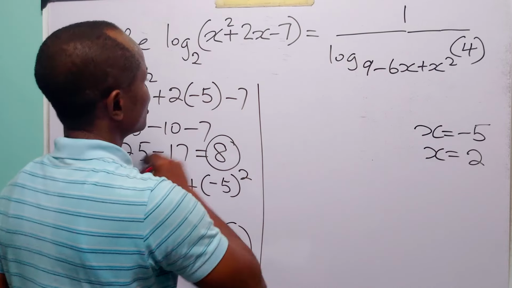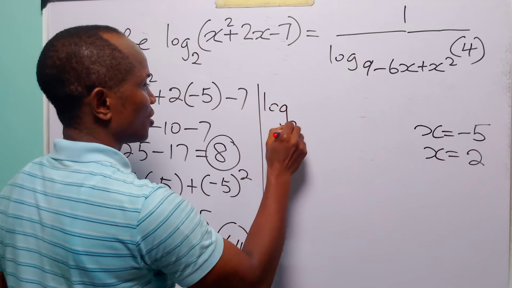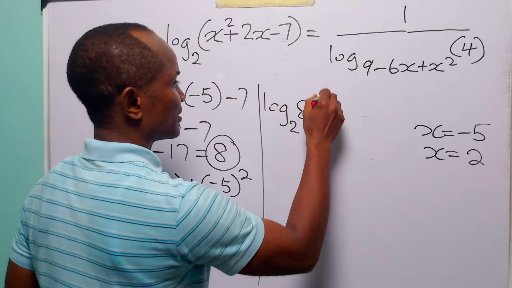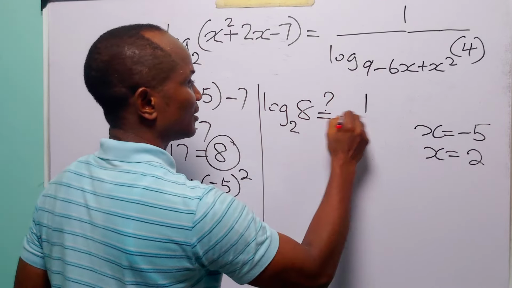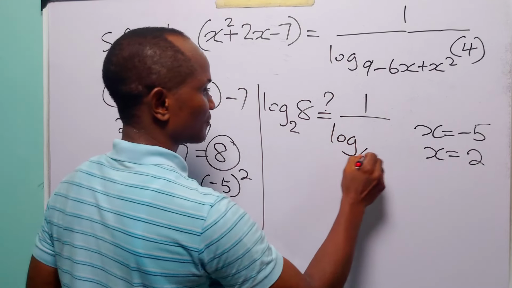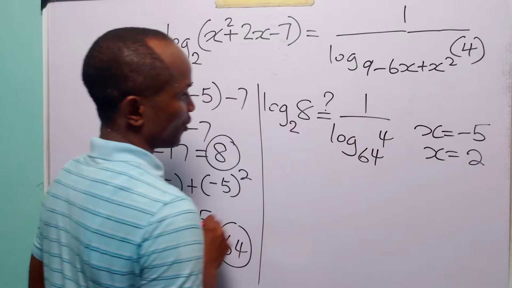So this equation becomes log to base 2 of 8. Now, is this equal to 1 over log to base 64 of 4?